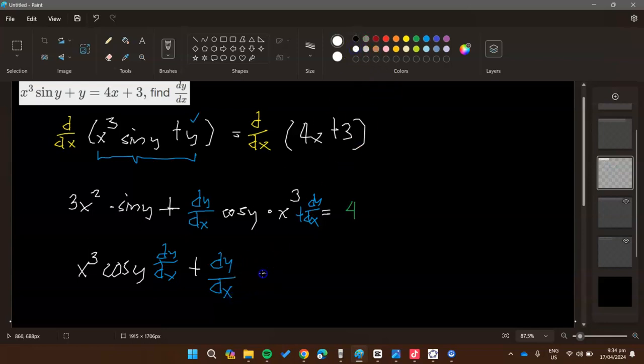This is equal to what? Equal to 4 minus 3x squared sine y.